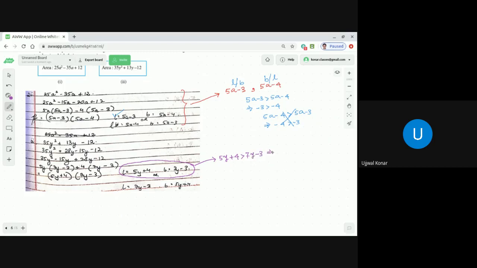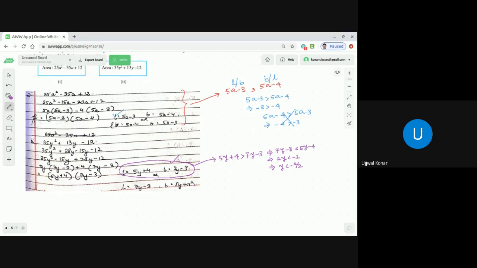So from here what we can conclude? That 7y minus 3 is less than 5y plus 4. So 7y minus 5y is 2y. 2y is less than minus 4 plus 3, which is minus 1. That implies y should be less than minus 1 by 2.